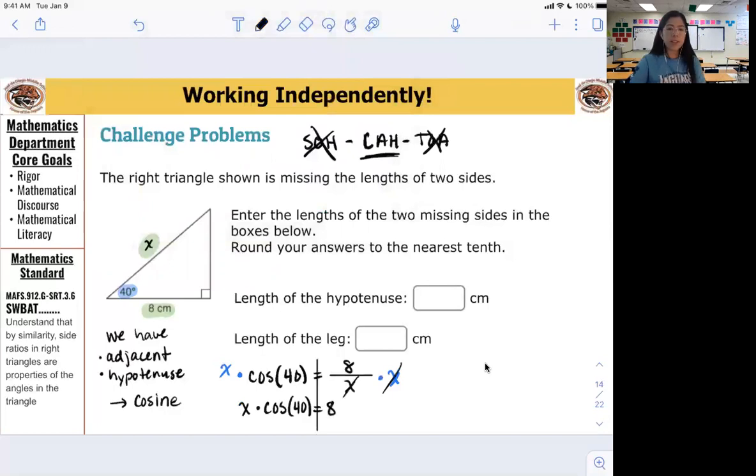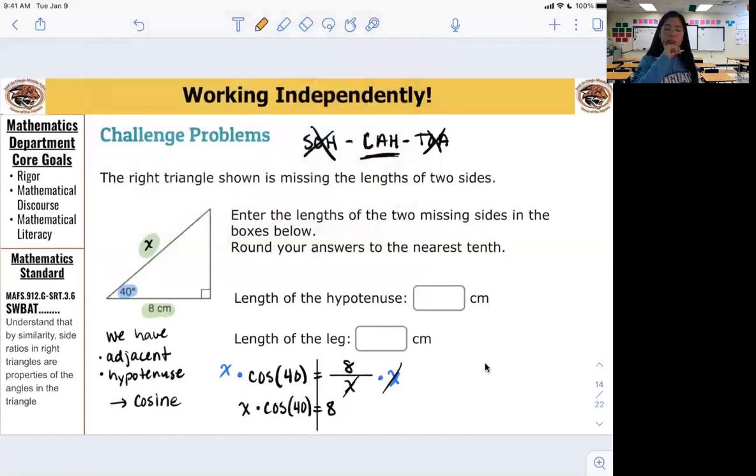If I'm trying to get x all by itself, what should I do to both sides here? So we first figure out what the cosine of 40 is, then subtract that by 8, or something like that.